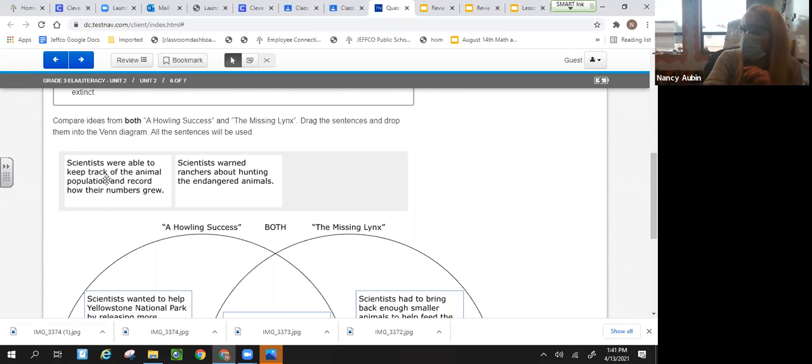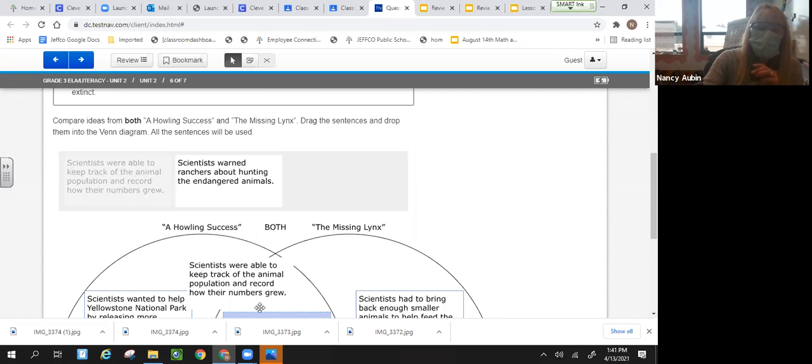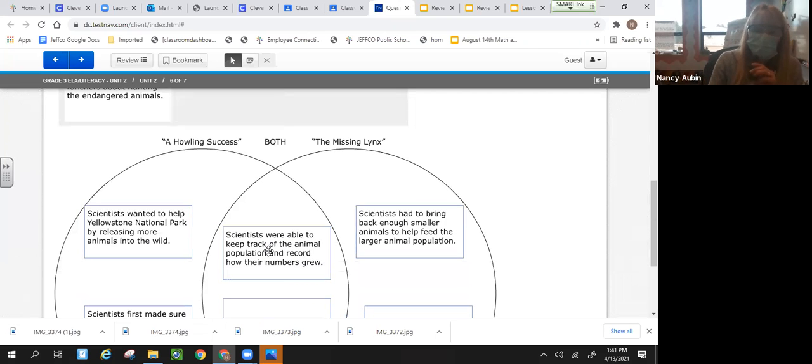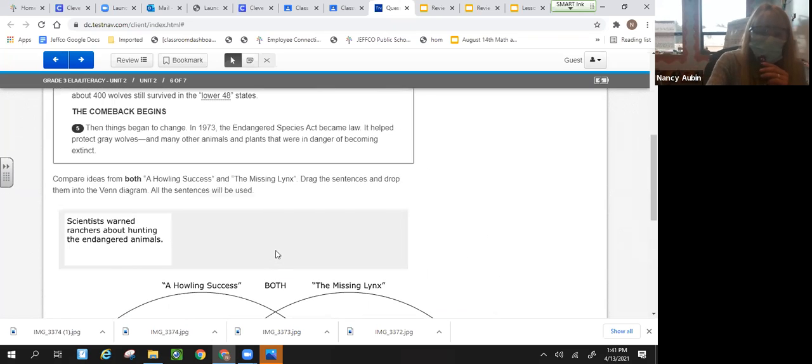All right, scientists were able to keep track of the animal population and record how their numbers grew. What do you think, Logan? Both? Why do you think both? Because the scientists are helping to record and grow their numbers in both of them. Exactly. We're seeing that the wolves are increasing, and the lynx are increasing, and scientists are doing all this work for that reason. All right.